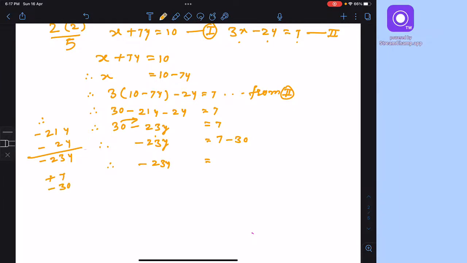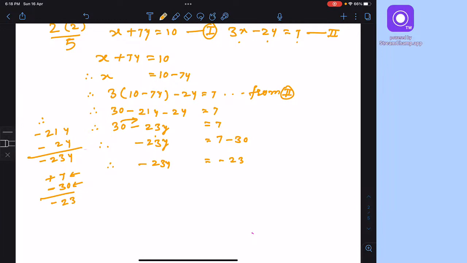This is algebraic addition. When you are adding two numbers, one positive and the other negative, from the greater number you have to subtract the smaller number. 30 minus 7 is 23 and give the sign of the greater; the greater is 30, sign is minus. So minus 23y is equal to minus 23.